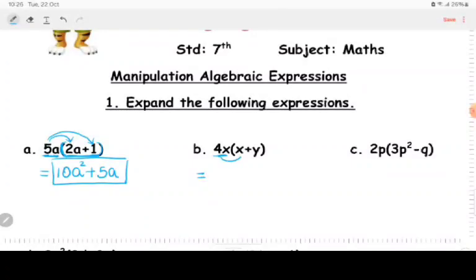Four x into x: 4 into 1 makes it 4, x into x makes it x square. Plus 4 into 1 makes it 4 again. X into y, xy.